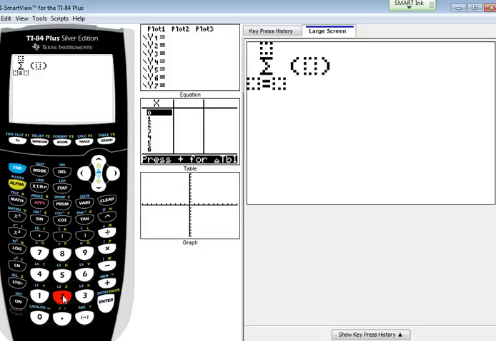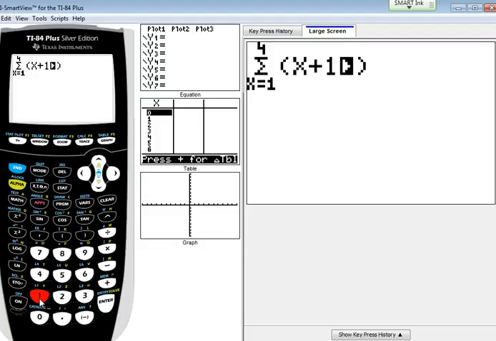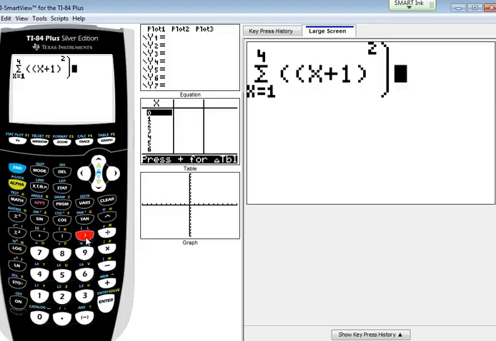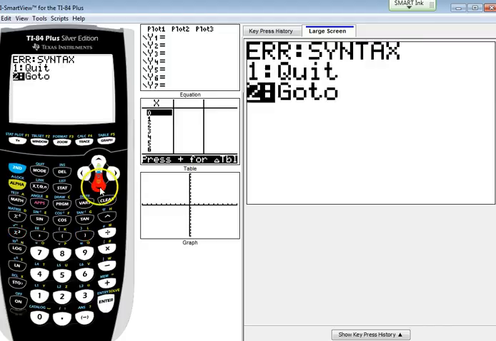Got 4 right. Hang on, let's see if this makes it up right. What do you use that for? Did that work, Donovan? You got 20?